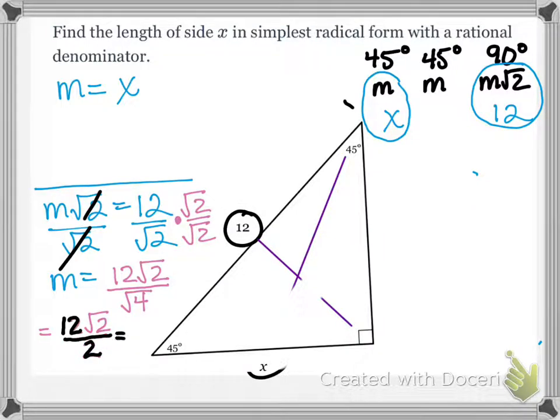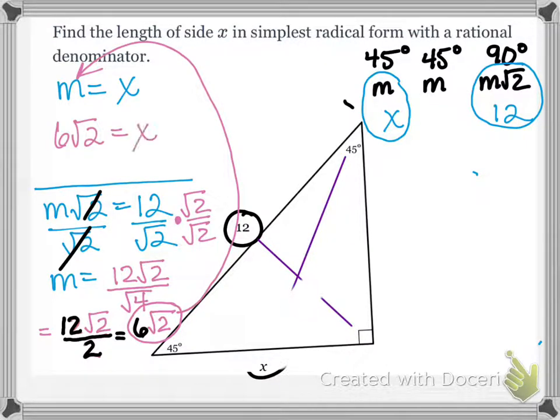So we can rewrite it as 6 square root of 2. Notice that you do not divide the 2 into square root of 2. Those are not like terms. So 6 square root of 2 is my m. I'm done. I walk over to the other equation and I substitute the m with the answer I got. And now voila, I found what x is.